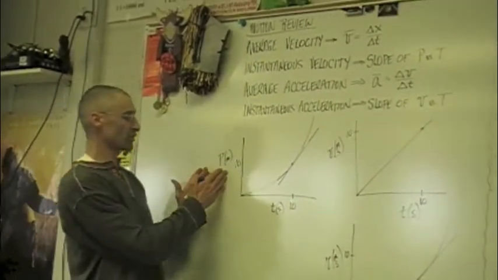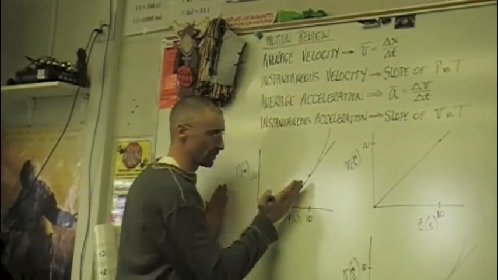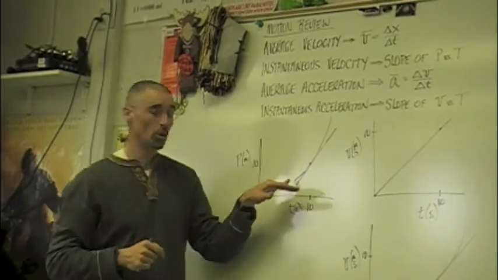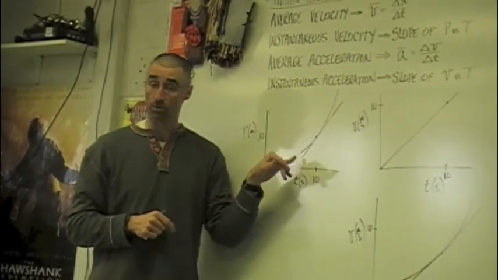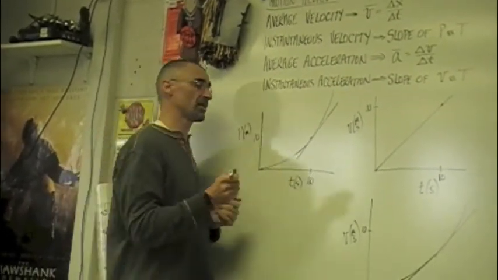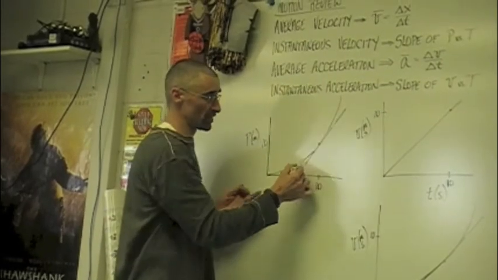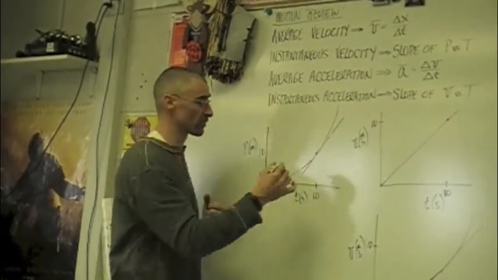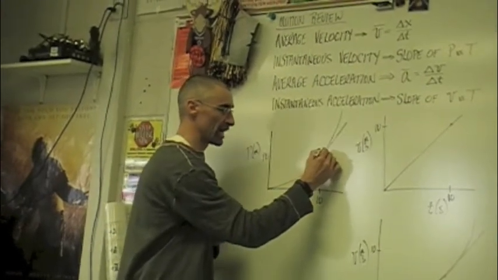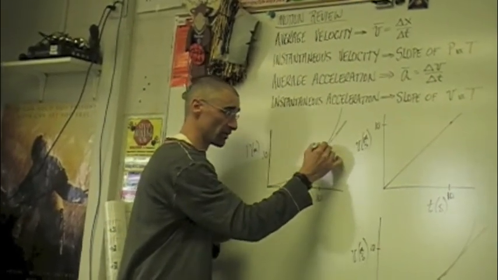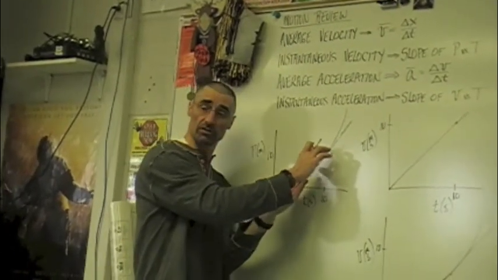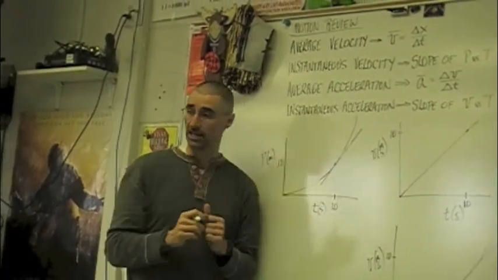Then, we know that the instantaneous velocity is the slope of the position versus time curve. So if we have a position versus time curve that is parabolic in nature, it's hard to find the slope at any one particular point. So the Motion 1 packet was dedicated to trying to find this slope at that point. Without calculus and without a derivative, we had to go in and find the slope of 2 points around that point and use that as an approximation for the slope of that tangent line.